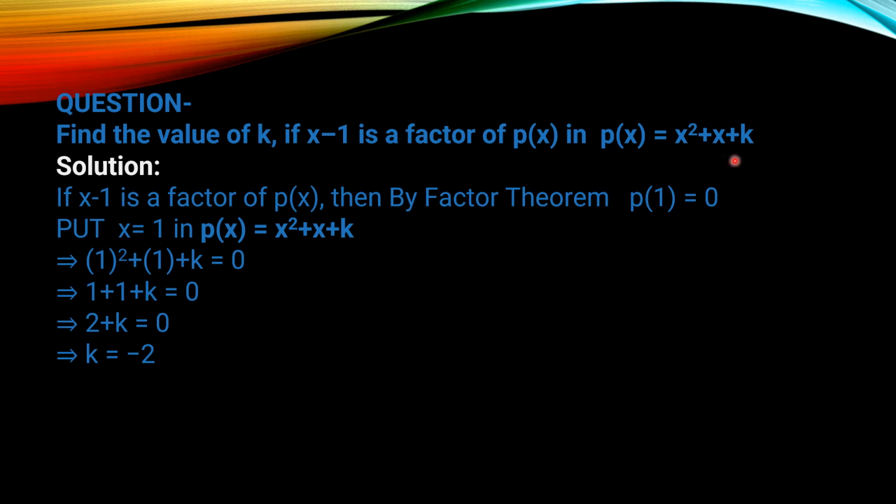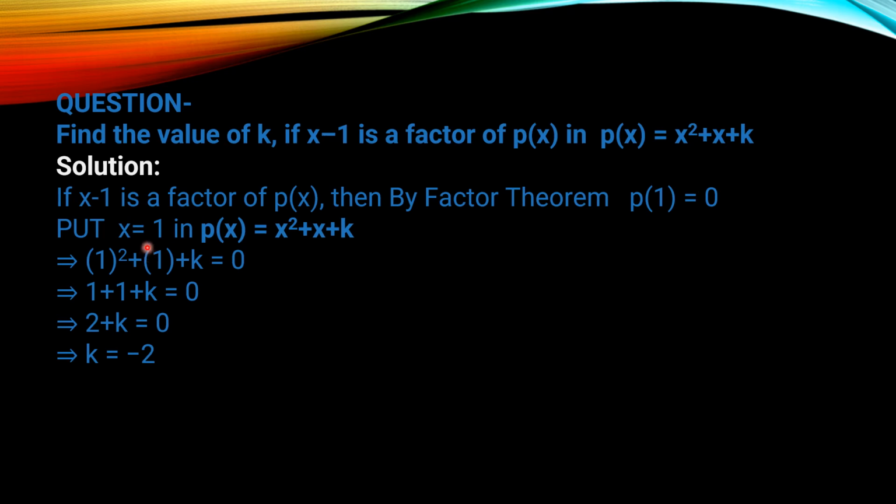Here p(x) is x² + x + k and the linear polynomial is x − 1. Since x − 1 is a factor, we apply the factor theorem: p(1) must be 0, because x = 1. After dividing, the remainder should be 0.